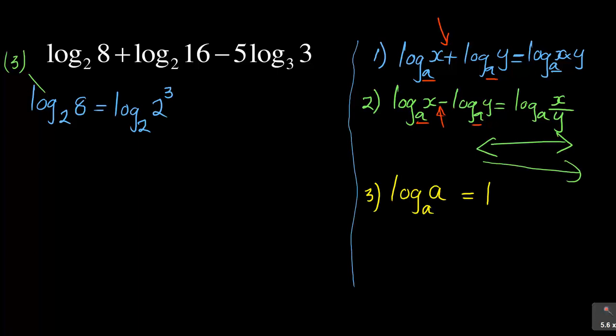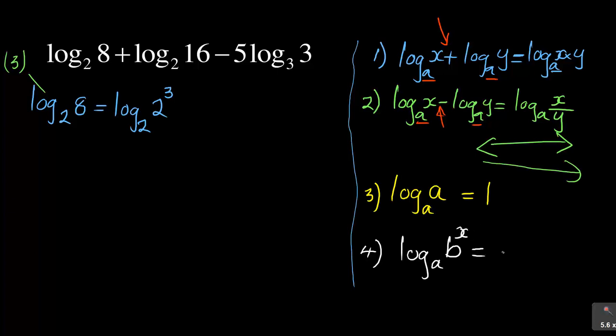And then with that, I need to also come to law number 4. The law says, if I'm given log in base A of B to the exponent x, how do I simplify that?